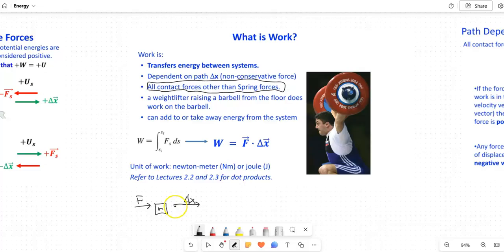They are path dependent. And what that means is if you have a dot product right here, and we studied dot products in lectures 2.2 and 2.3, okay, that the force and the displacement have to be in the same direction. Okay?